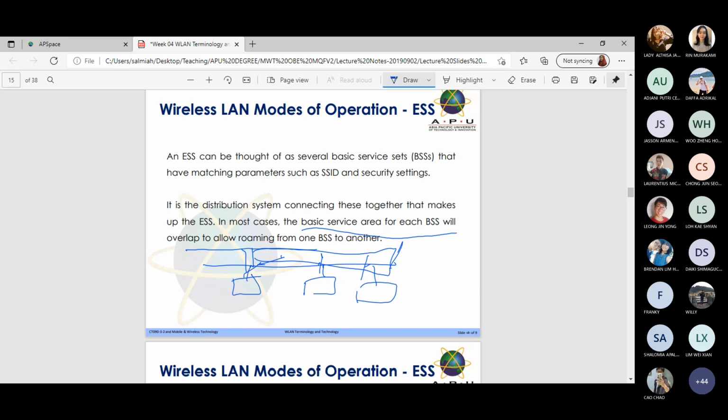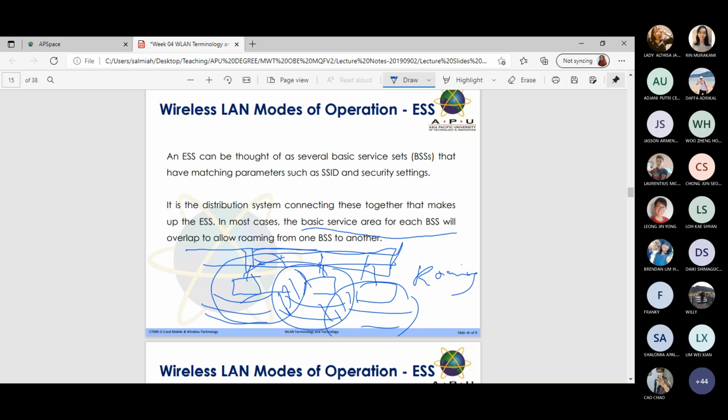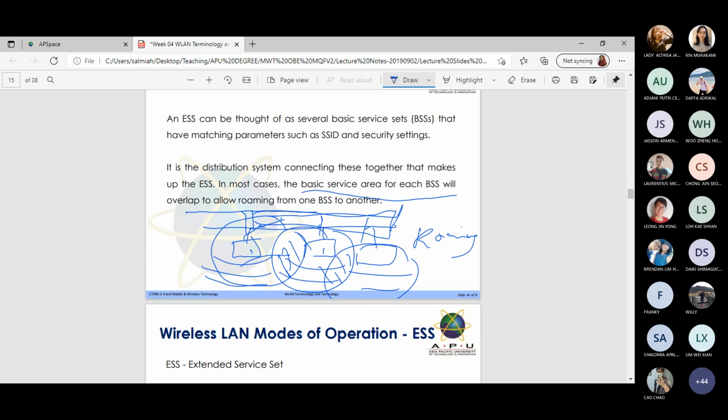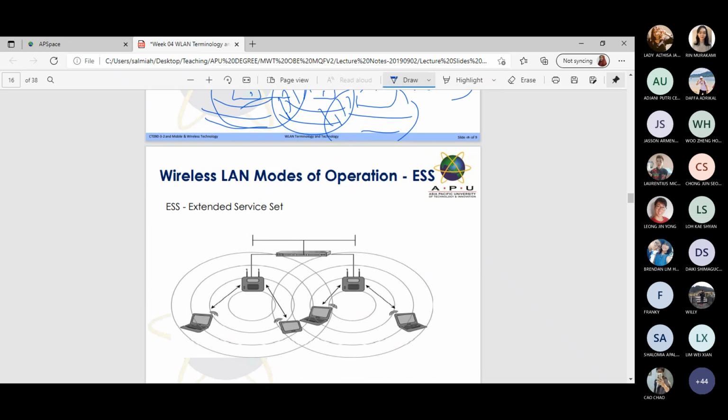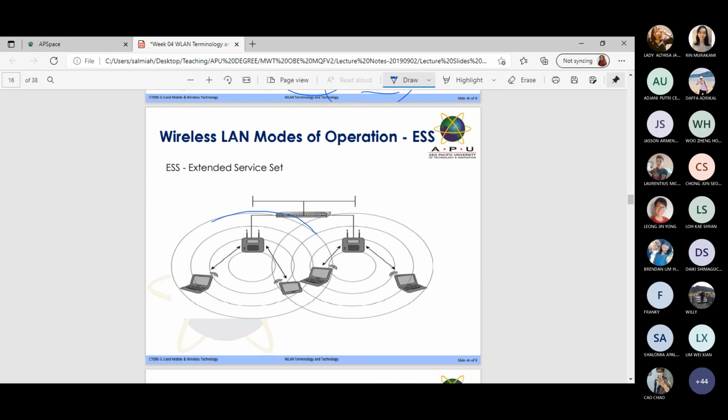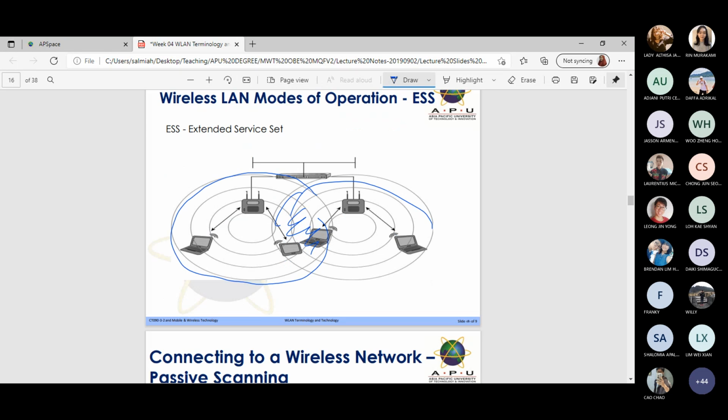This is the backbone, the switch, and these are the basic service sets and basic service areas. They can overlap. So that's why the roaming concept will be there. As you move from here, does it need to connect with this access point or this access point? That is the roaming concept we are going to learn in future. I forgot that we have this diagram. This is overlap.